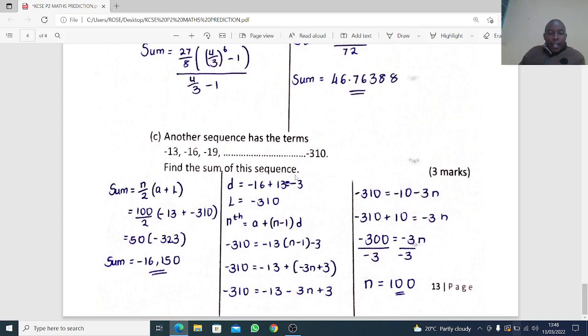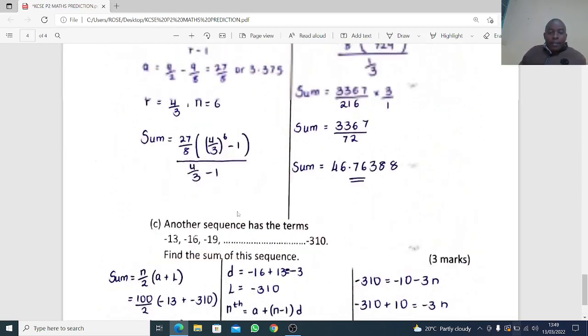Now, when we have the last term, we know that the sum is n over 2 into a plus l.